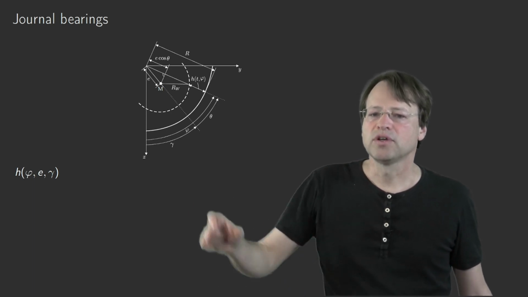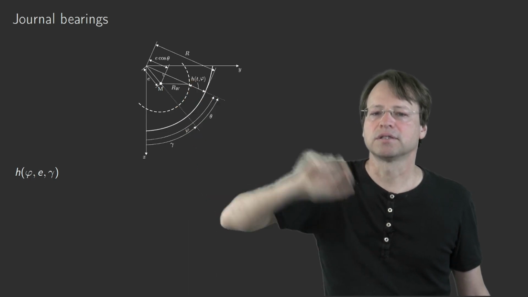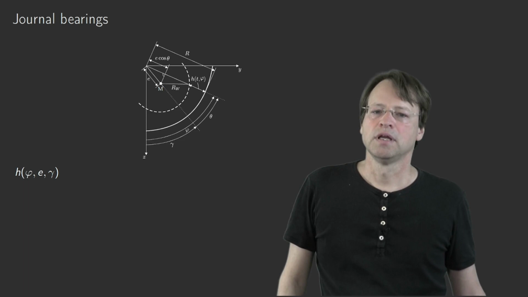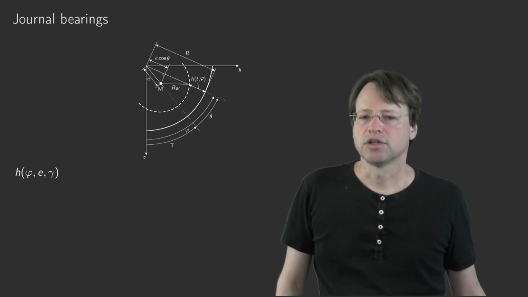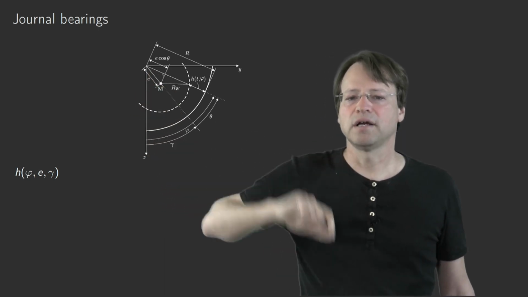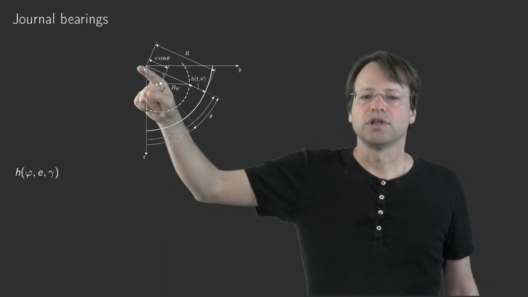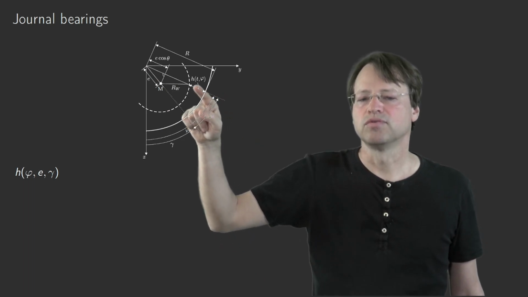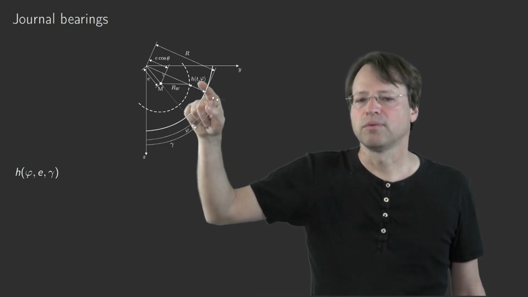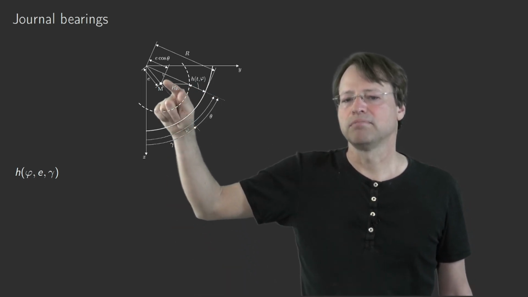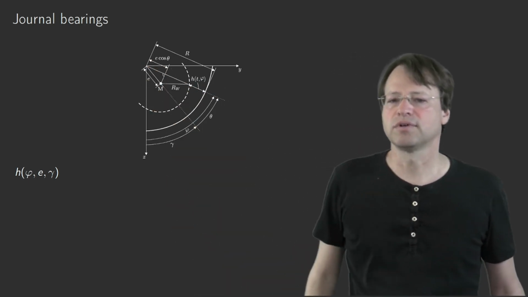So how do we compute that distance? Well, we have here a certain triangle that is included in that drawing. That triangle is obtained by connecting the center of the bearing with that point on the circumference, and then drawing from that point a line to M, and from M again back a line to the center of the bearing.